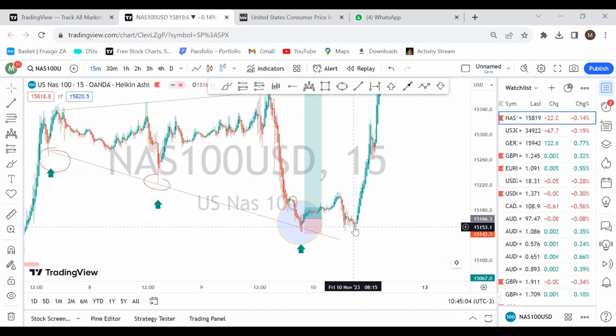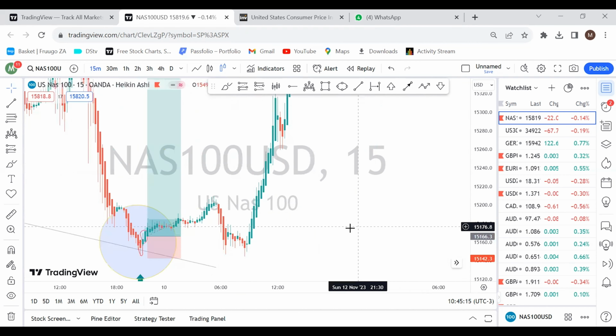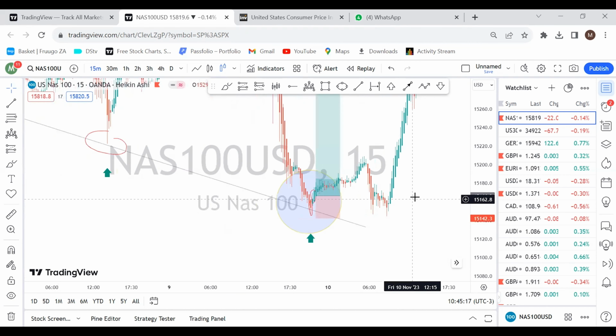But since we put our stop loss at a perfect area below all the market movement, it turned right before it reached our stop loss, right? So you shouldn't panic.